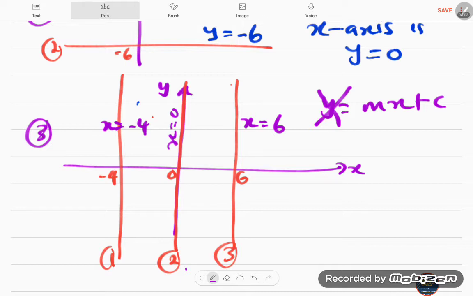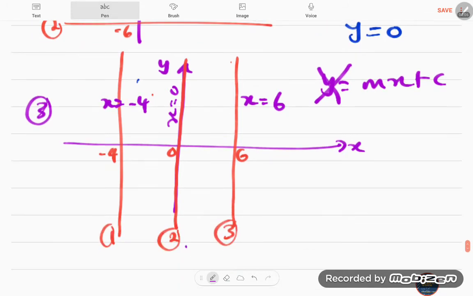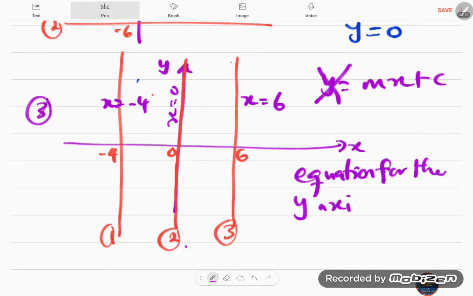So that means that the equation for the y-axis is given by x equals 0. Again, this will benefit you in understanding how to solve equations, especially for the parts where they cut the x's in later videos.